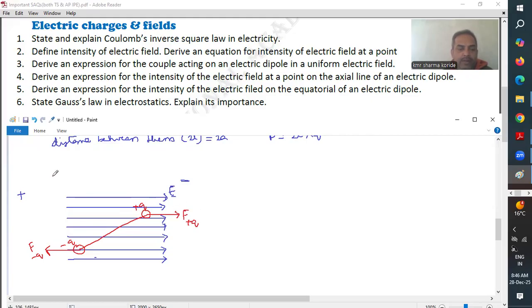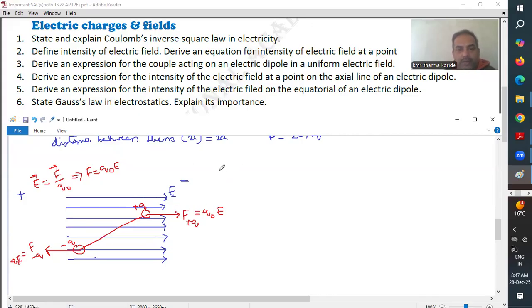So in the definition of intensity of electric field, we got the equation E equals F by q naught. So F can be represented as q naught into E. So this is q naught into E. Even this is also q naught into E. So these are the two forces.